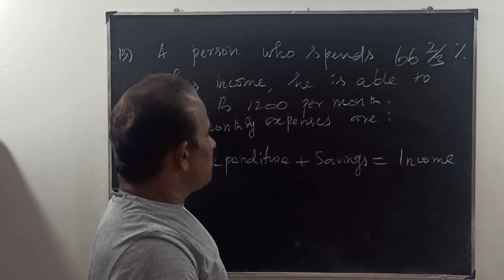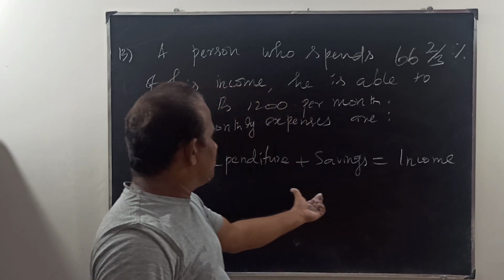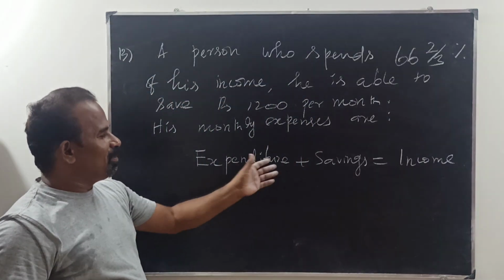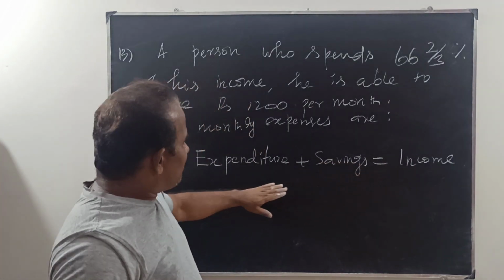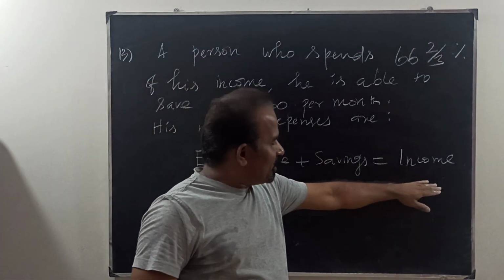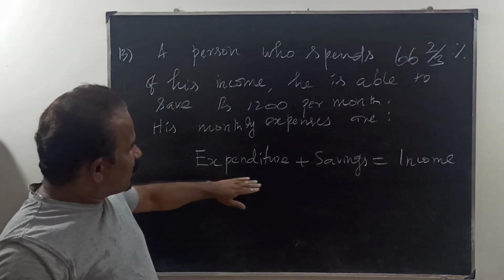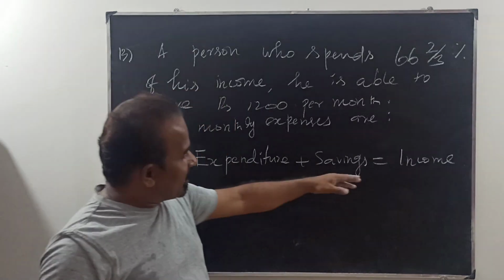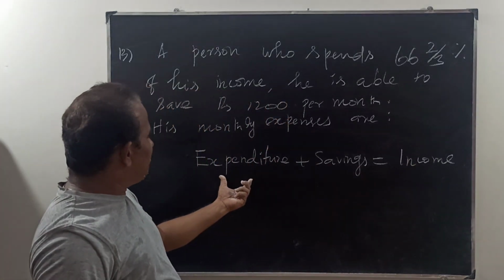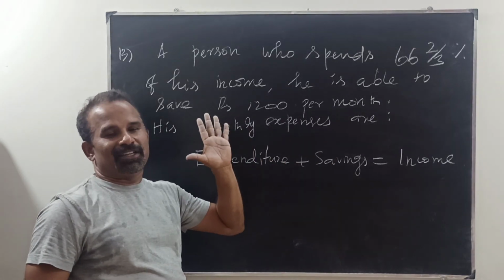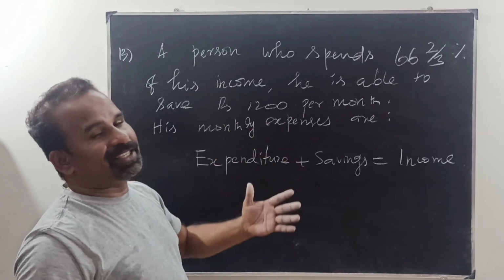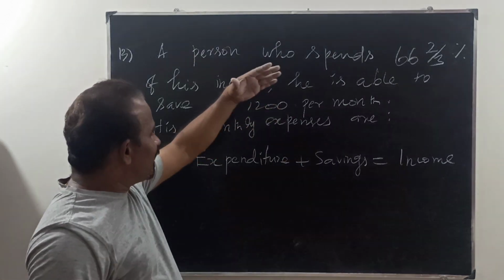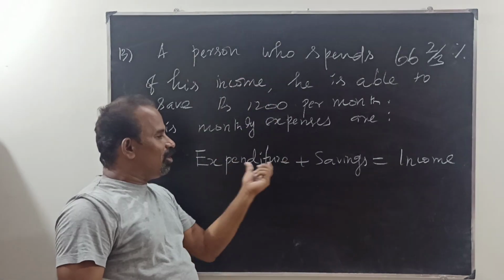So income is nothing but expenditure plus savings. Whatever the income, that will be divided into expenditure and savings. Two parts only. Whatever you spend in various heads, all the heads either come under the expenditure head or the savings head.